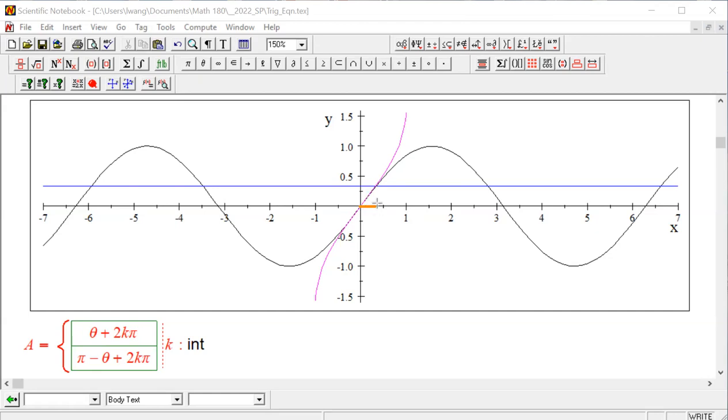And once we find this angle, and we found there's a pattern using reference angle, we identify all of the other angles. So theta, pi minus theta. The other one would be this one, pi minus theta. And all of them have the same output, 1/3.